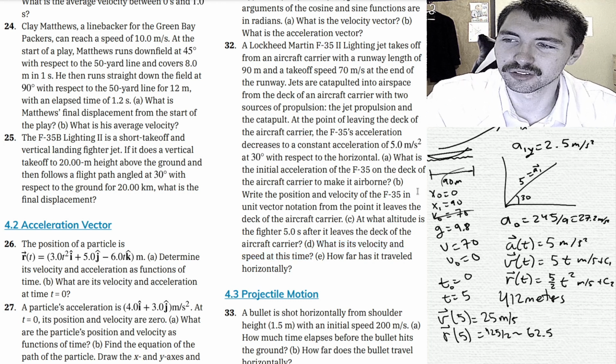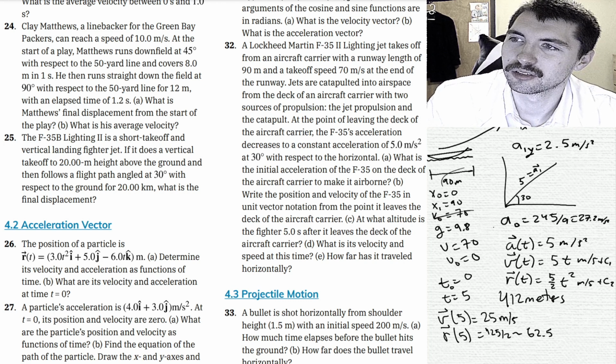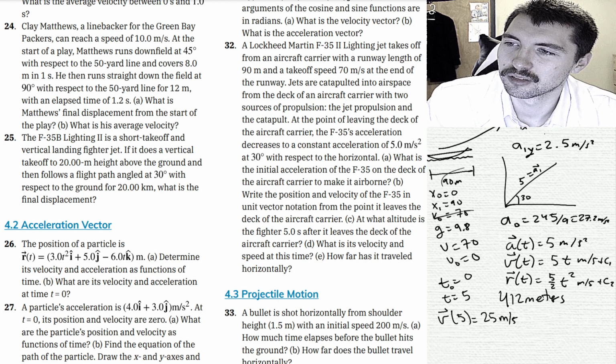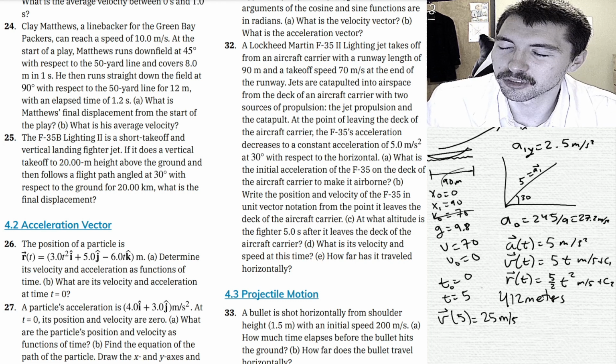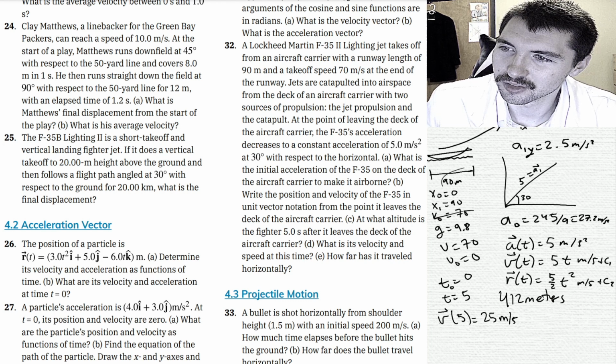Oh, they're not asking for position. So I want to say the speed is 25 meters per second, but I know we've gotten that wrong before. They like to do speed as the dot product. So I don't really feel comfortable doing that.